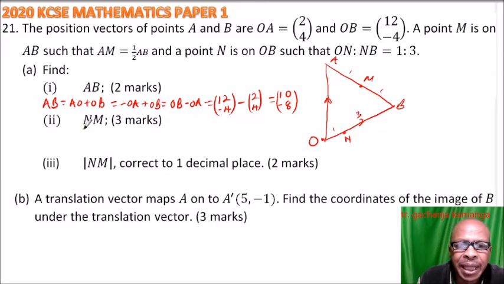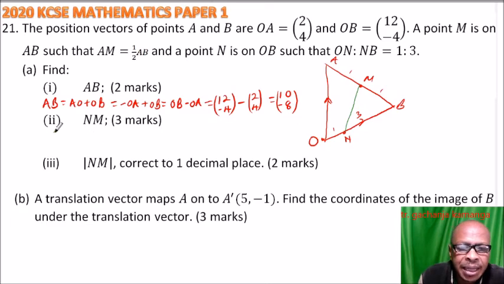We come to NM. We can say it is a vector originating from N to M. Therefore, to move from N to M, the shortest route is NB and then BM.